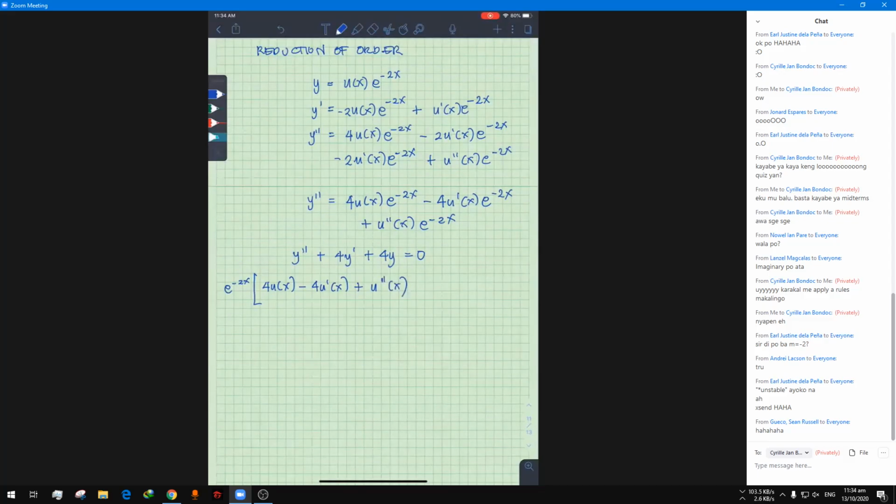Tapos plus 4y prime. So ang y prime natin is negative 2, so minus 4 times 2, so 8 u of x. And then 4 times u prime, so plus 4 u prime of x. And then lastly, plus 4y is u of x, is equal to 0.